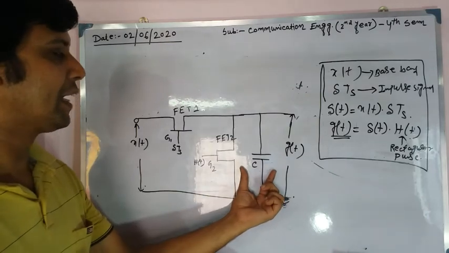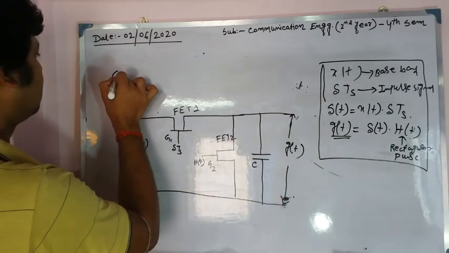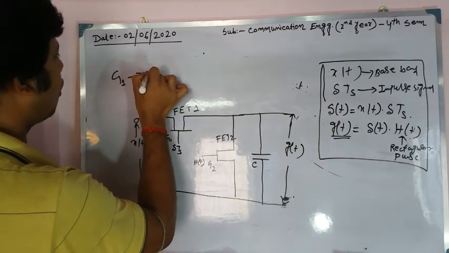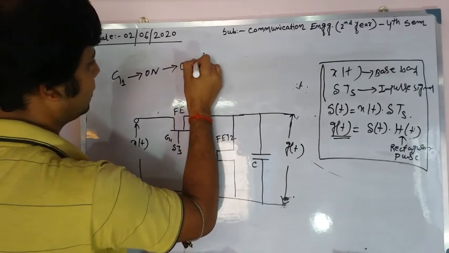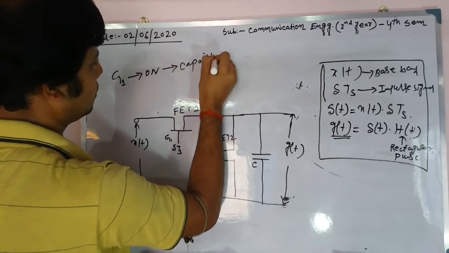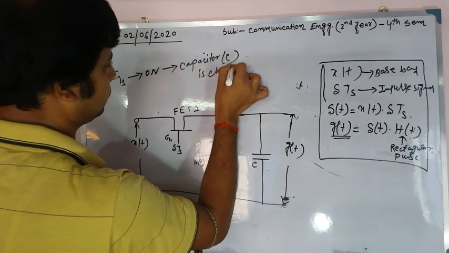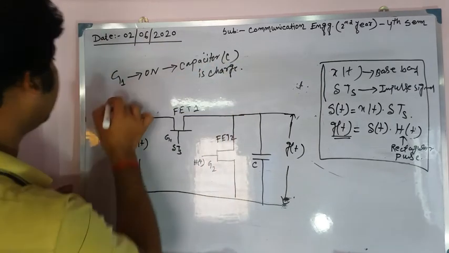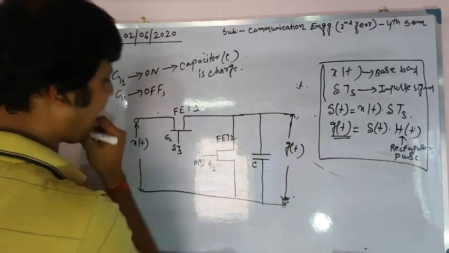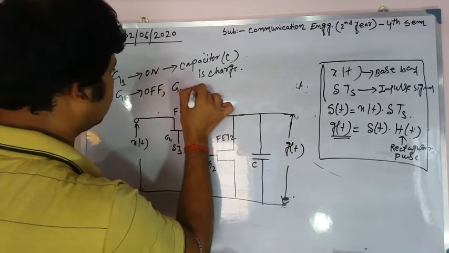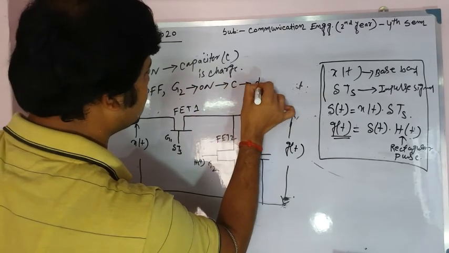The capacitor is fully charged when G1 is on. When G1 is off and G2 is on, the capacitor C is discharged.